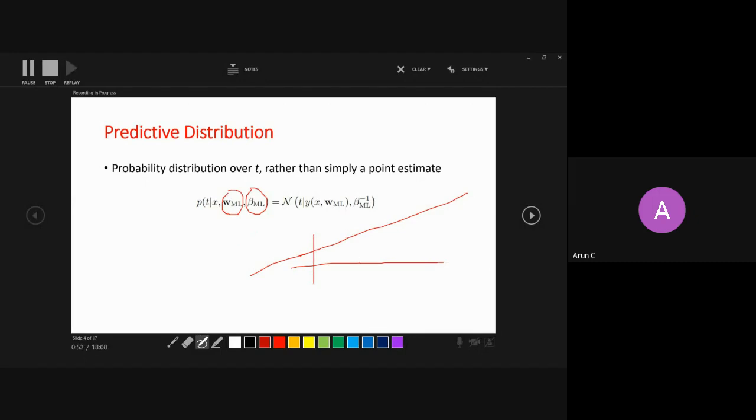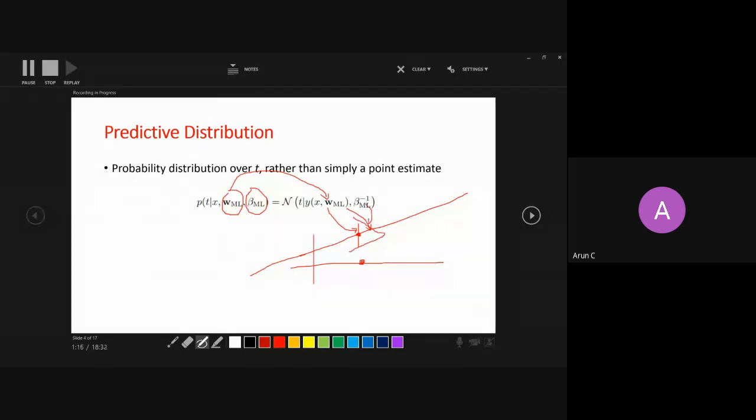So for a given x, you are putting W into a function. That function is nothing but a line, right? And around the line, you have a Gaussian distribution, because this is a mean. And how far you go away is the variance, which is given by beta.